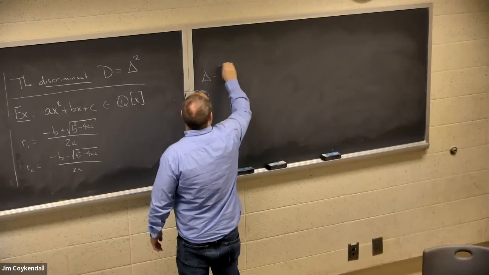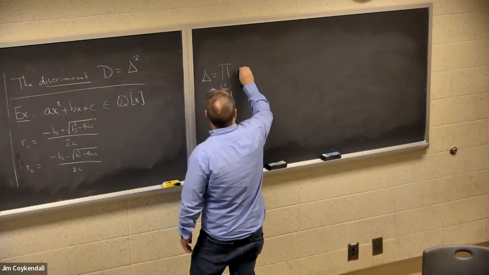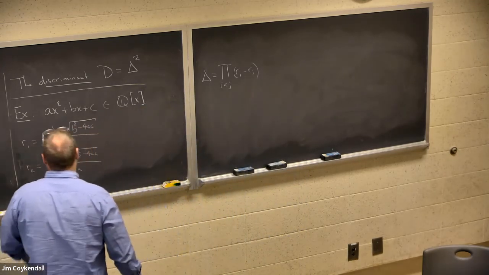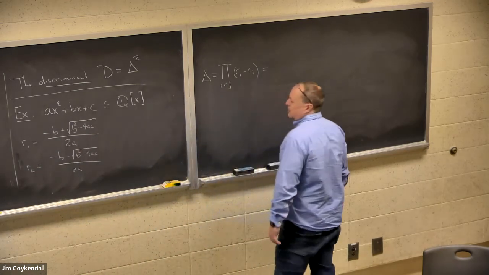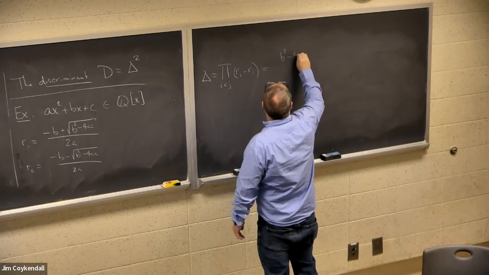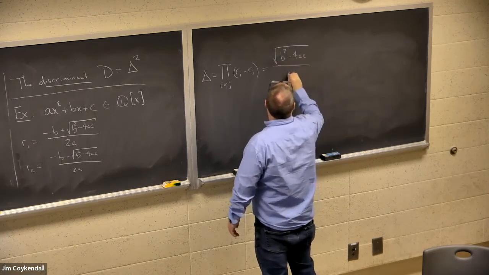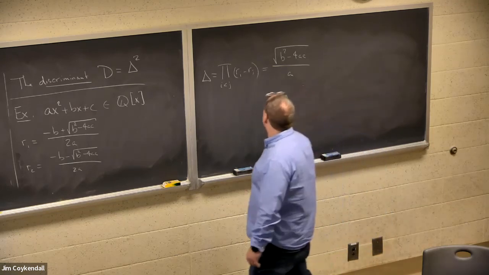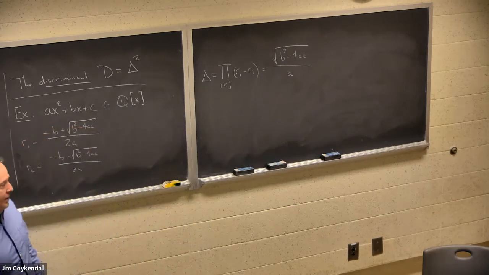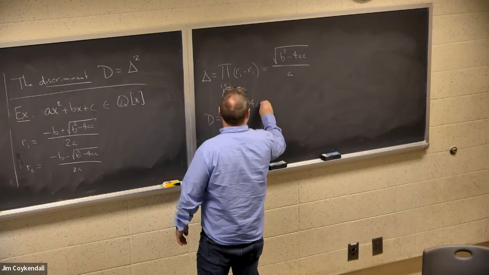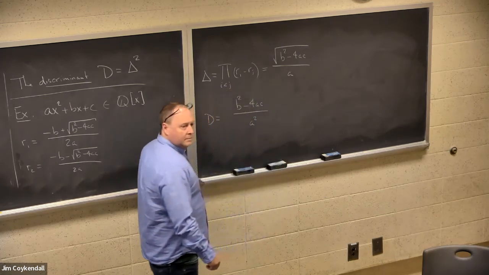So delta is, well, if we call these R1 and R2, with i less than j, the only thing we can do is just subtract these two, that's it. And so this is R1 minus R2, which is going to be the square root of b squared minus 4ac, over a. And so the discriminant here is that squared.